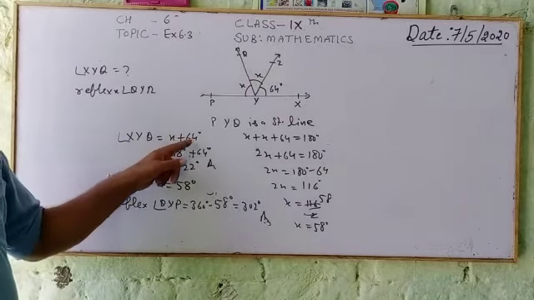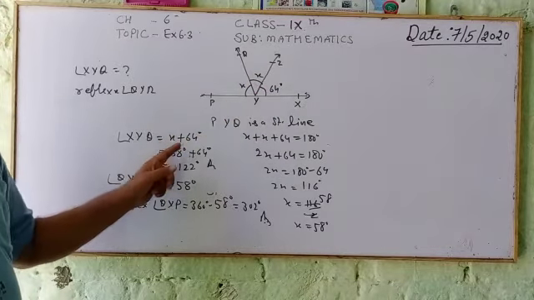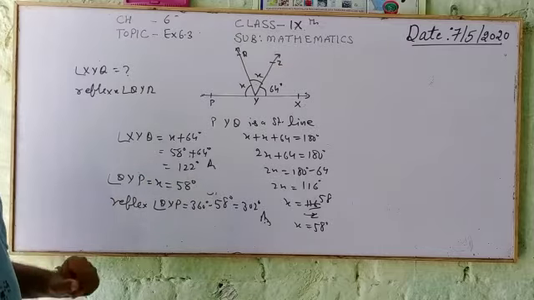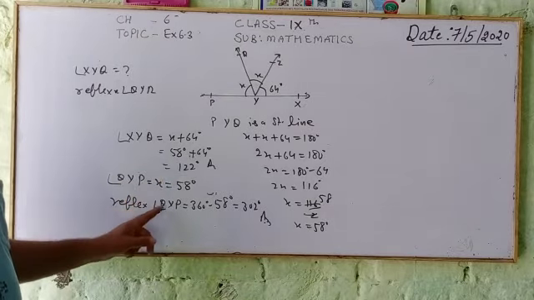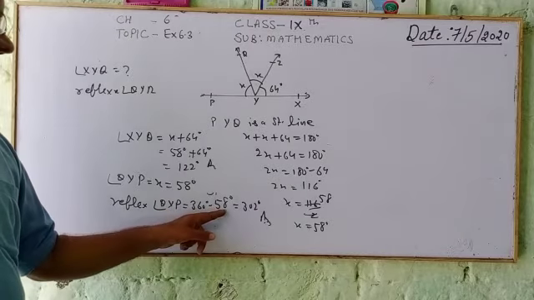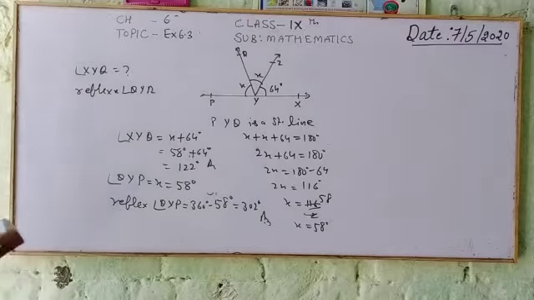XYQ means x plus 64. Put the value of x here, we get 122 degree. And QYP means equal to x equal to 58. Reflex of QYP means 360 minus the given angle 58 degree, that is 302 degree. We get an answer.